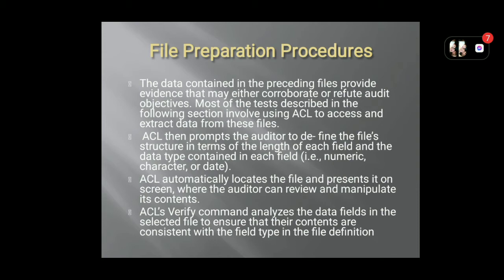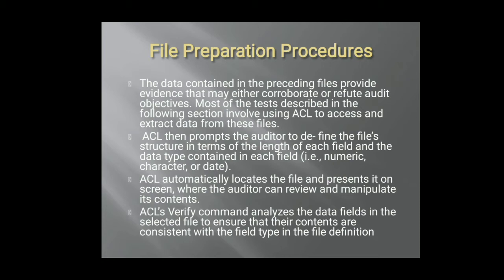Recall from the previous chapter that each file should be defined in terms of its physical location and its structure through a series of easy-to-use pop-up menus. The auditor specifies the name of the file and where it resides on the mainframe or PC. Next, ACL prompts the auditor to define the file's structure in terms of the length of each field and the data type contained in each field.